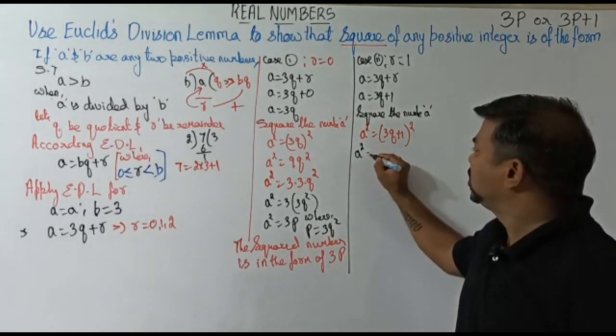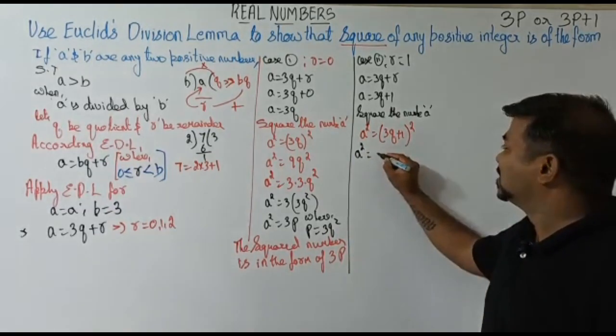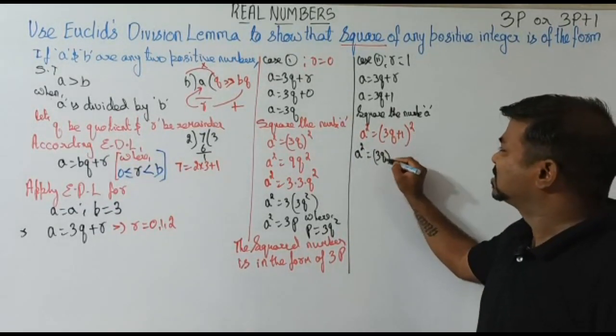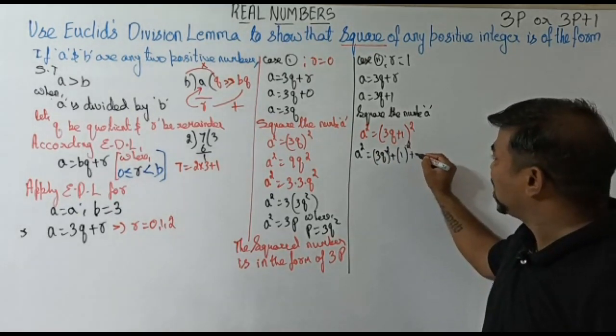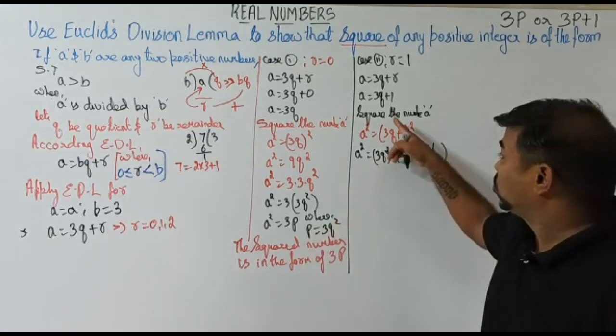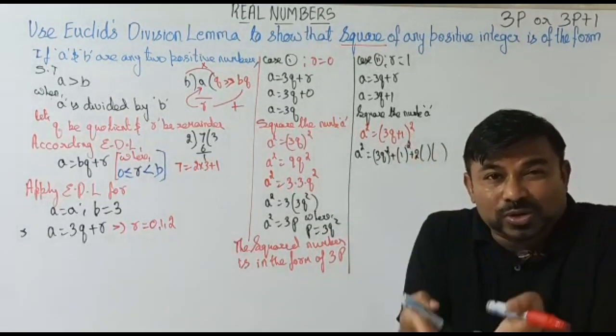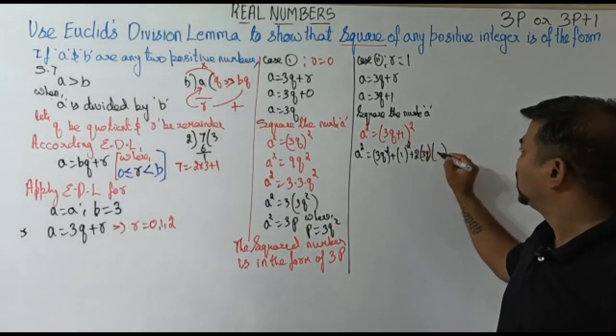So a square is equal to, now is it looking like the form (a plus b) whole square? Yes. It's nothing but the first one square plus the second one square plus 2 into the first one into the second one. a square plus b square plus 2ab. What is a here? It's nothing but 3q. What is b here?